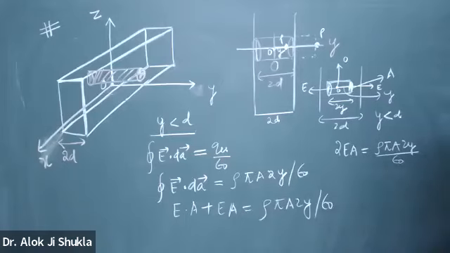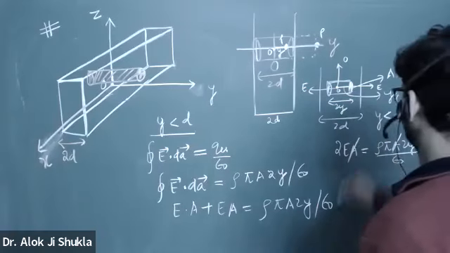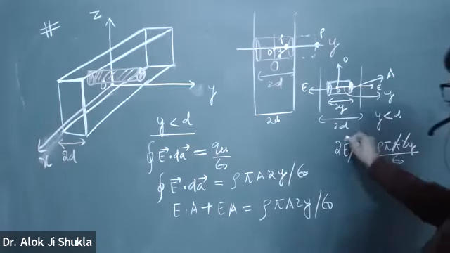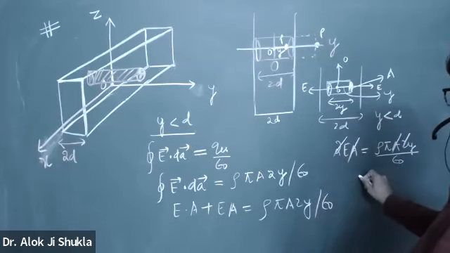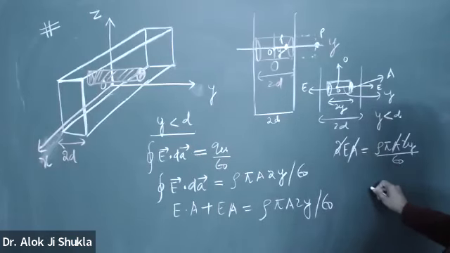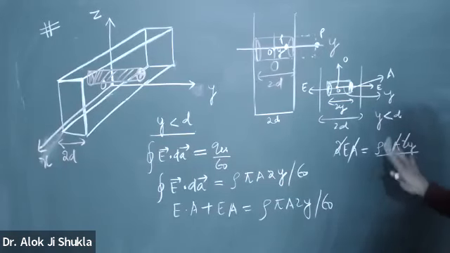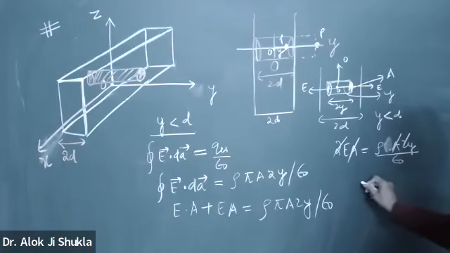A and A will cancel. 2 and 2 will cancel. Pi is not required. So E will become rho y by epsilon naught.